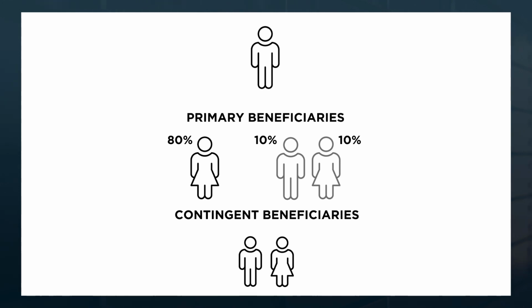Because they're listed as primary, in the event that my wife and I predecease everybody and my parents are still around, they would then equally split their 10% and 10%. They would now become the equal share to receive all of the primary benefit. If my children are listed as contingent beneficiaries, they actually wouldn't receive anything yet because the primary is going to get everything.